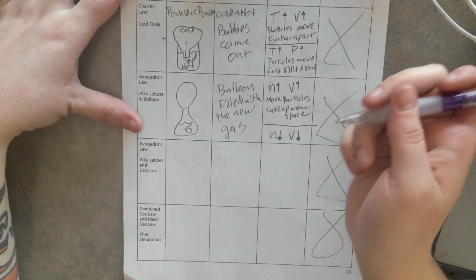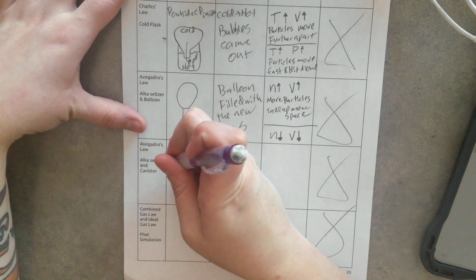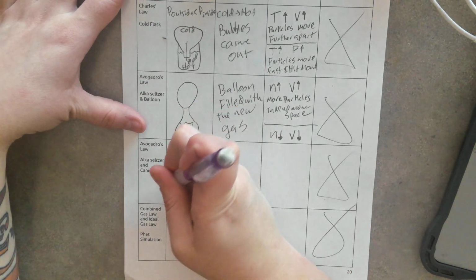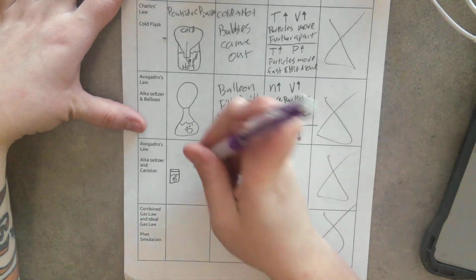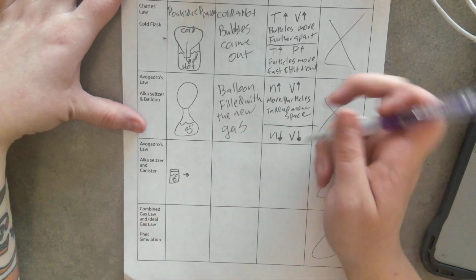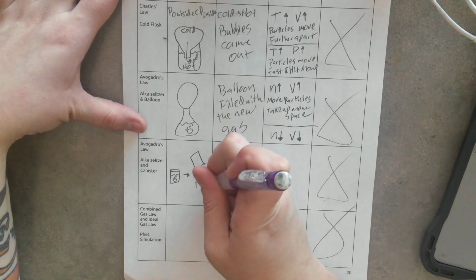Now in this next one, we used a rigid container, a container that was hard. And we used this film canister, and in that film canister, we sealed it up with water and Alka-Seltzer inside. And what we noticed was that after we let it sit, it exploded. It popped.